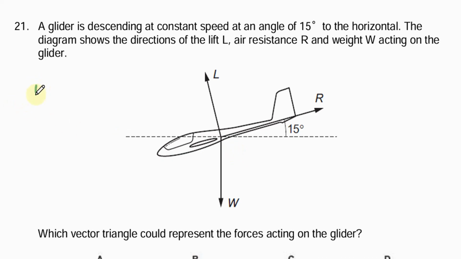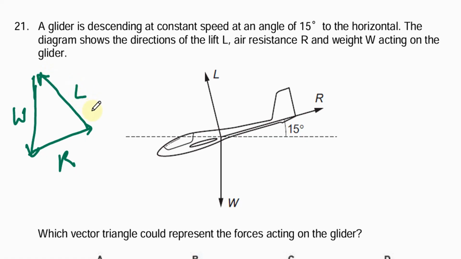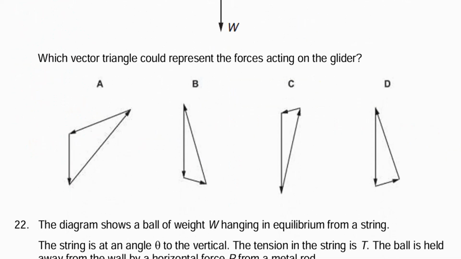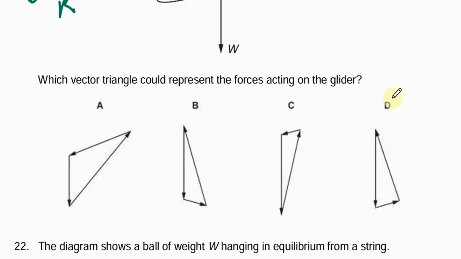So we can start with W, so straight down, W, and then R, head to tail. And then of course this will be the lift. So we have a closed vector diagram drawn head to tail. If you compare this drawing with the options given, we see that the answer is D.